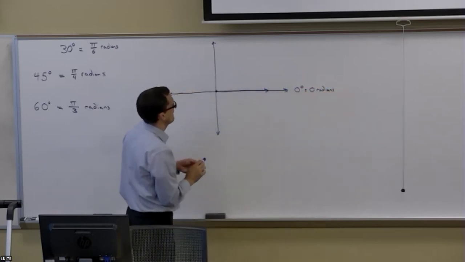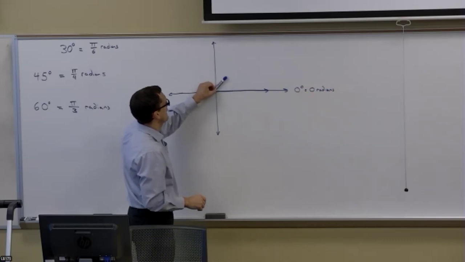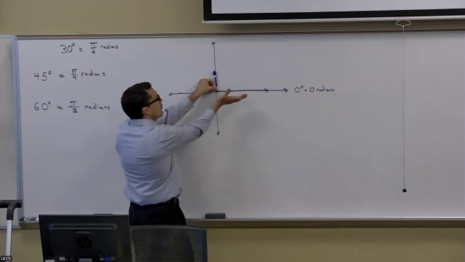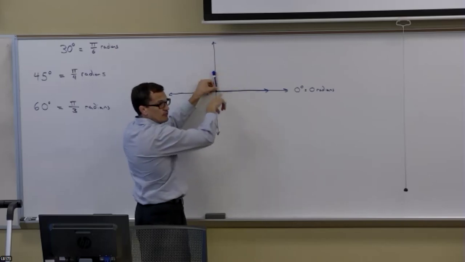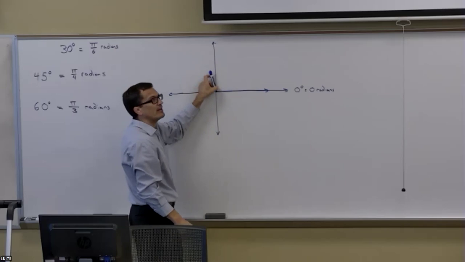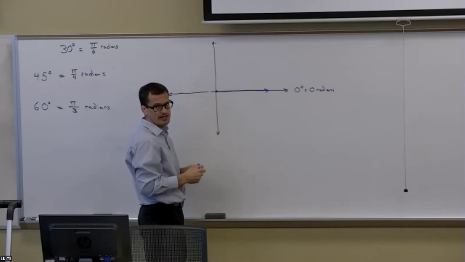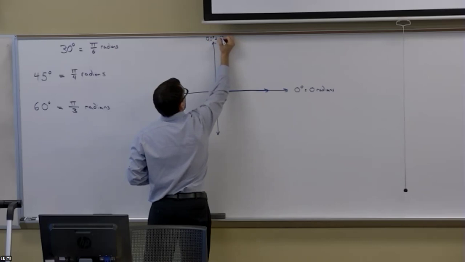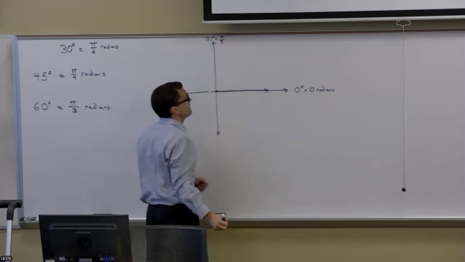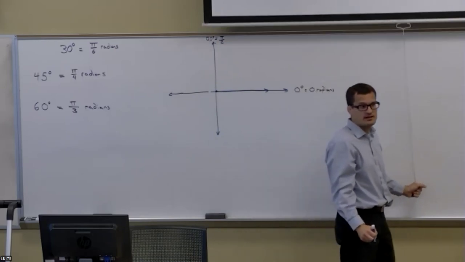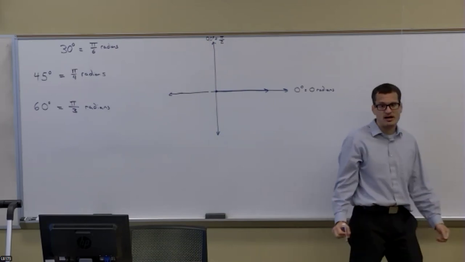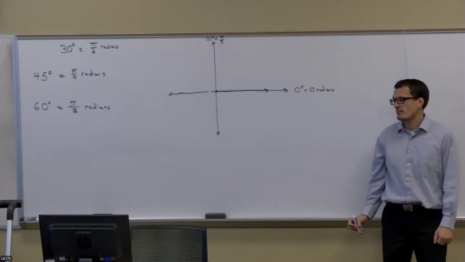As I start to rotate that, I end up hitting the y-axis. That's a quarter rotation of the full circular rotation. So that quarter of 360 is a 90-degree rotation. 90 degrees is half of 180. So as far as radians, that's going to be pi over 2, half of pi.